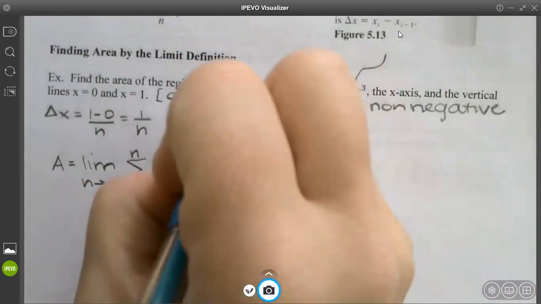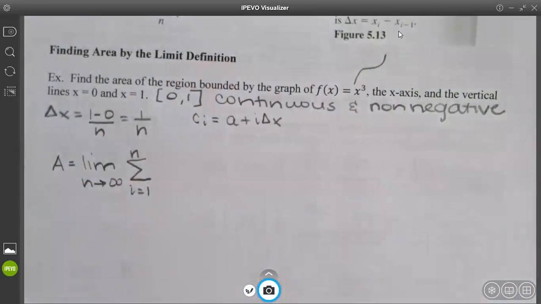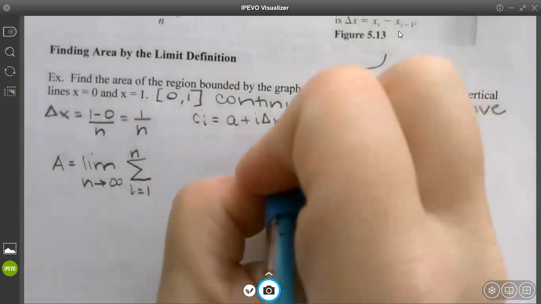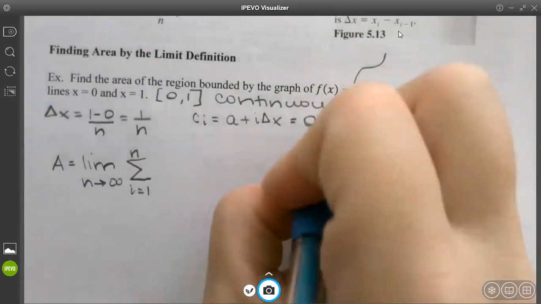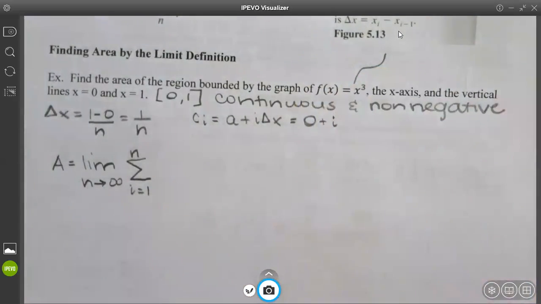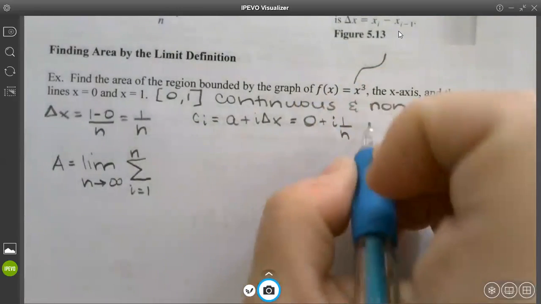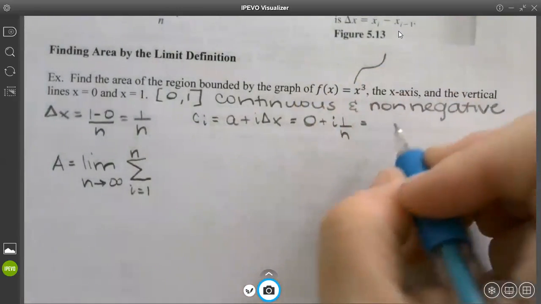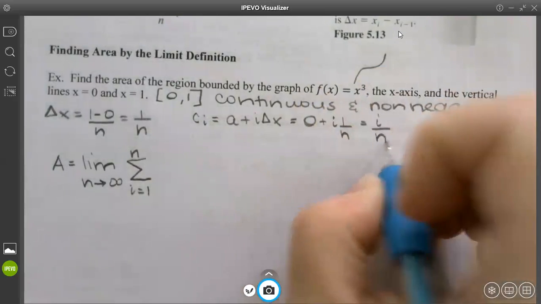Ci is a plus i delta x. What was our a? 0. Plus i, what's our delta x? Which simplifies just to i over n.